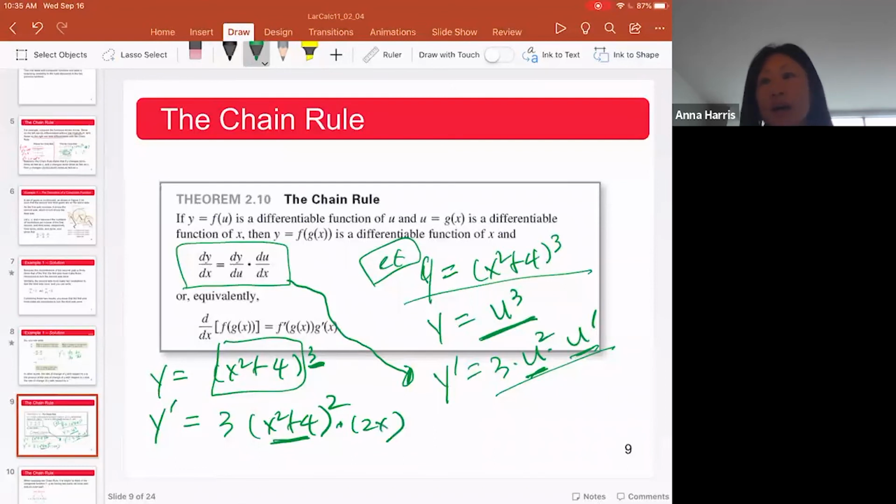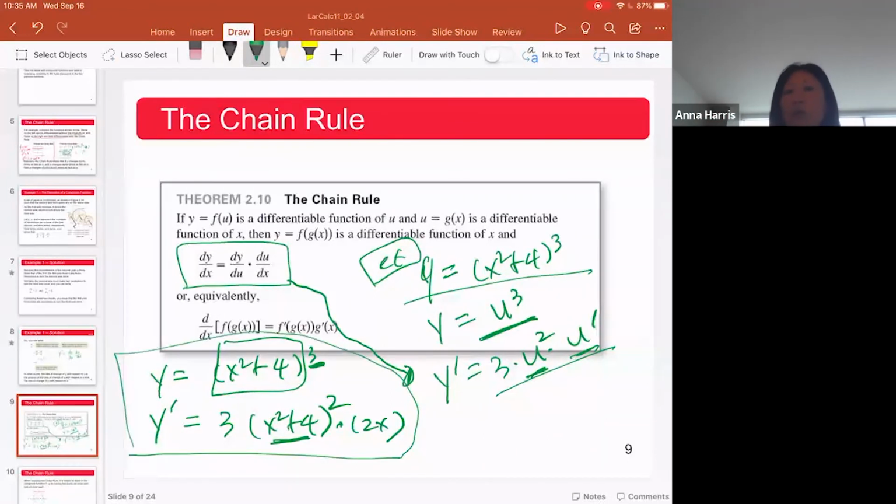If you do enough homework problems, you can do this without thinking about it. Does everybody understand? When you get faster, you can do this without writing down what u is, the u substitution. You can just do it right away, but not right now. I want to see every step.